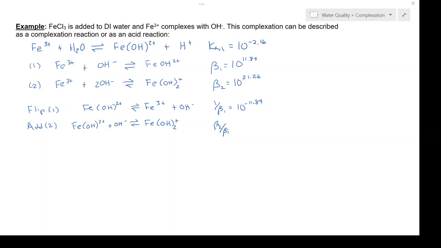So now I have a reaction that describes the partitioning between these two complexes.